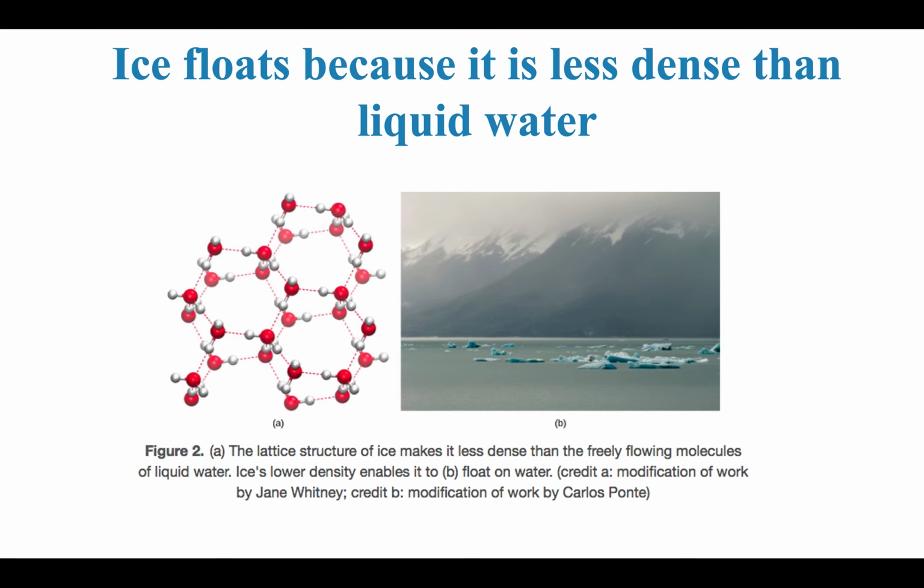Now, water has an interesting property, which is that when it freezes, its density decreases. Normally, in liquid water, hydrogen bonds constantly break and form and break and form. And this allows water molecules to move around and stay liquid.